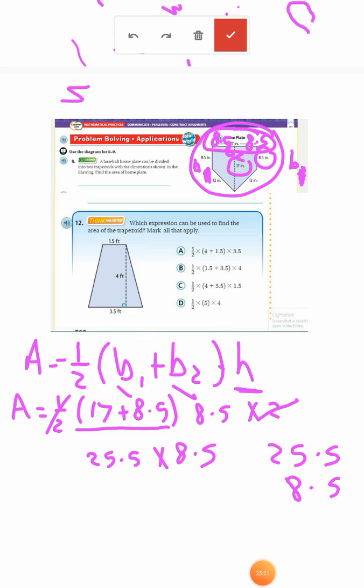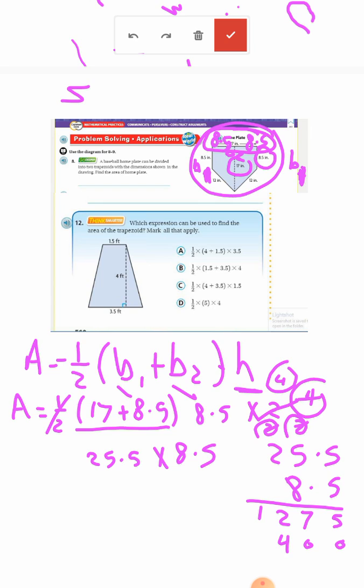Imagine we do not have it, and we are going to multiply them together. 5 multiply 5, 25, grab 2. 5 multiply 5, 25, plus 2, 27, grab 2. 2 multiply 5, 10, plus 2, 12, but 0. 8 multiply 5, 40, 0 and carry 4. 8 multiply 5, 40 plus 4, 44. 8 multiply 2, 16 plus 4, 20. Plus them together: 5, 7, 6, 1.